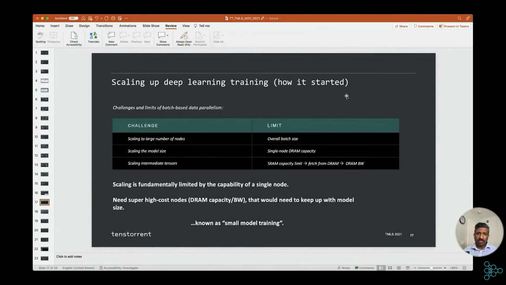The issue with batch-based learning was that it ran out of batch size after a while, and then the solution needed either more SRAM or it had to go to the DRAM. So it could not scale as the workloads were emerging. And the need for more DRAM bandwidth or HBM is what GPUs were trying to address. So what we wanted is to make sure that the solution is not limited by these limitations.